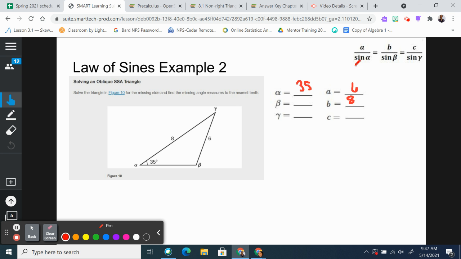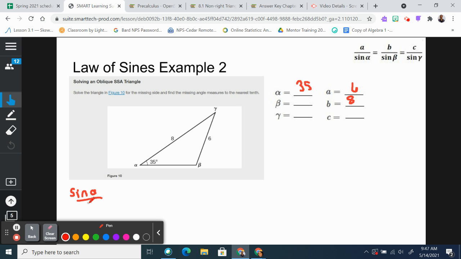I'm going to use A inside alpha and B inside beta because it has what I'm looking for. And also, since I'm looking for beta, I'm going to use the reciprocal. So we can also say the reciprocals are equal to each other as well. I'm going to put my angles on top just to be strategic.